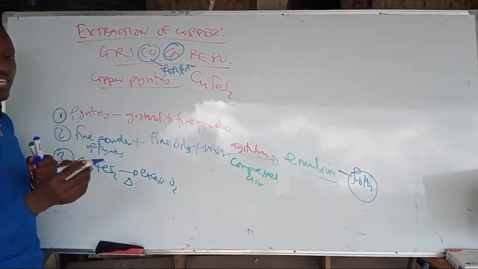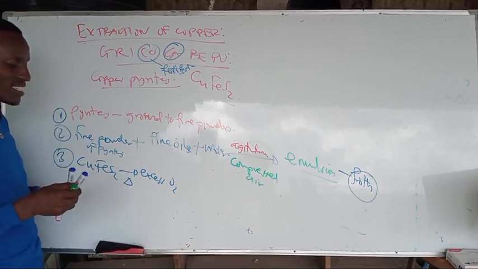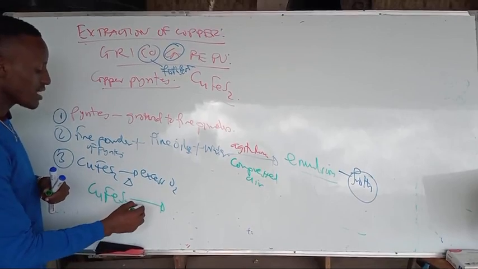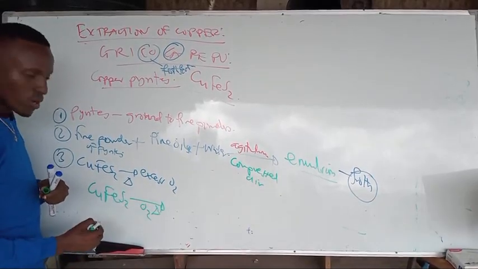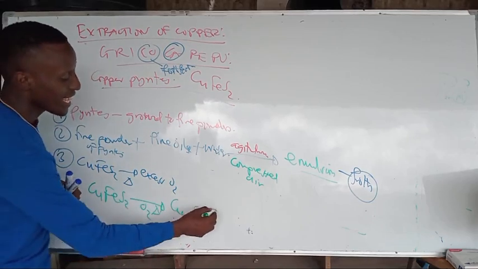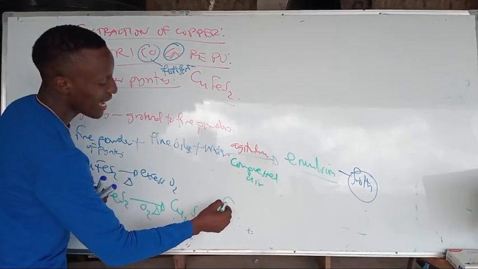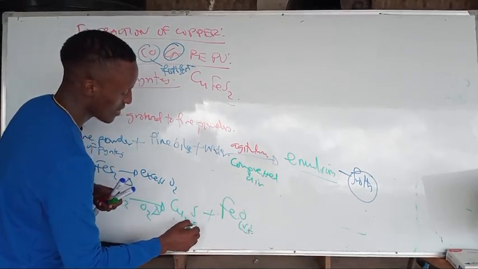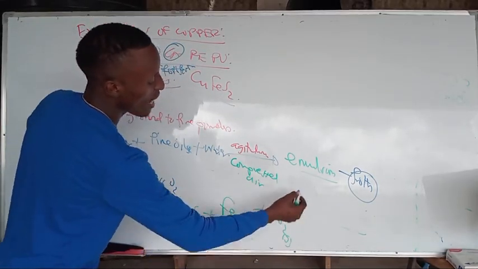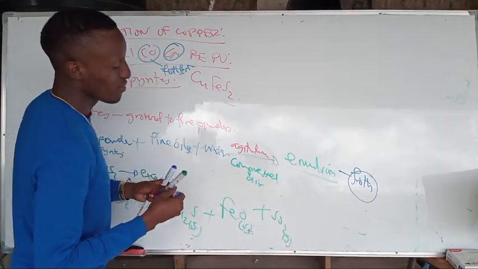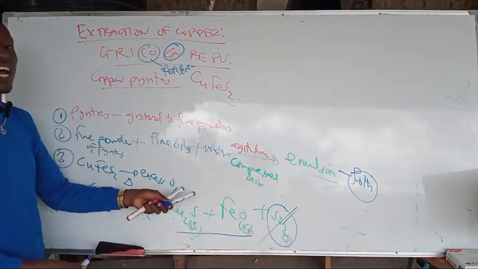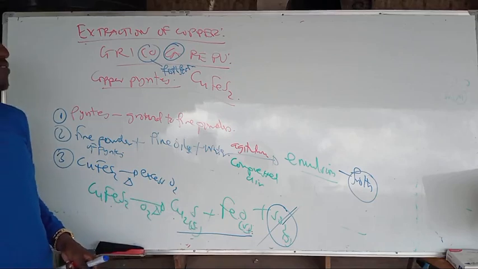Look here, you need to put these reactions. This copper pyrite, when heated in plenty of oxygen, turns copper into copper(I) sulfide, the iron turns into iron oxide, a solid, and the sulfur turns into sulfur dioxide, which moves out as a gas. What remains is a mixture of iron(II) oxide and copper(I) sulfide.